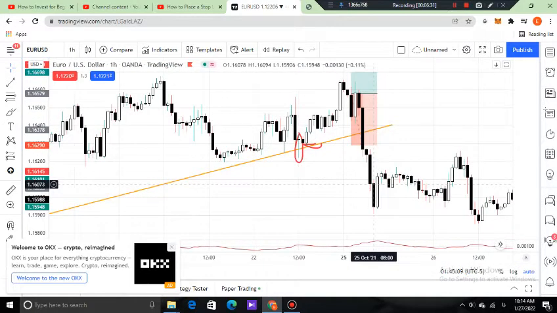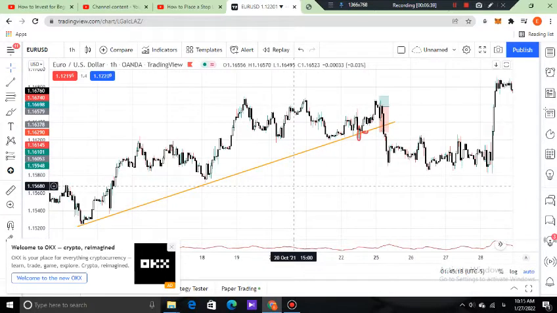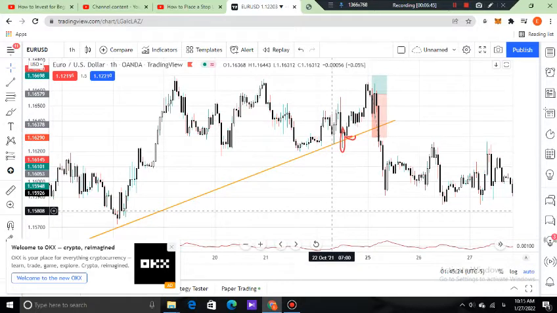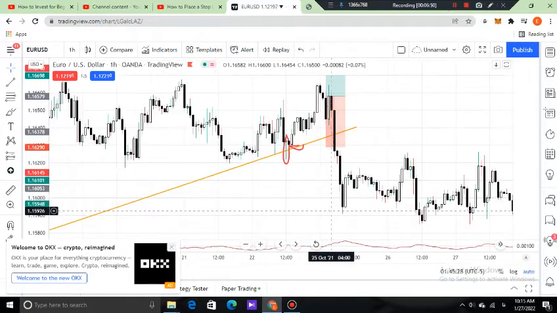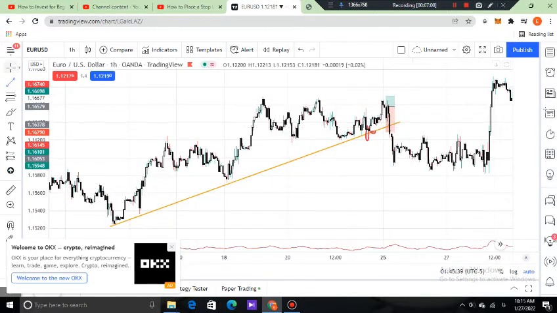When we see a breakout, there are two possibilities. First, it might evolve into a trading range, which happens in most cases, and another possibility is a trend reversal. Here we have this breakout, a trading range, and after that another breakout.